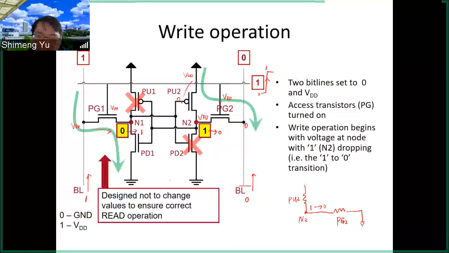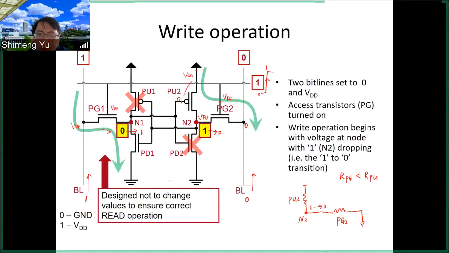So if it's a voltage divider, how do you make N2 close to 0? You have to make the RPG2 smaller than the RPU. So this is the voltage divider, and if you want this N2 voltage to be small, then this resistance, the PG, should be small, and PU should be larger.